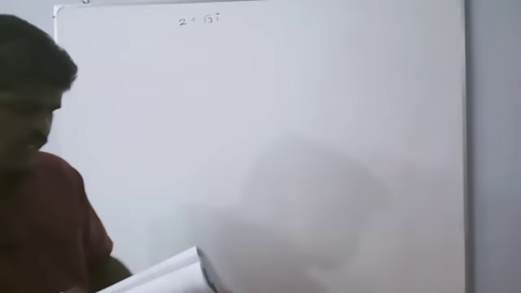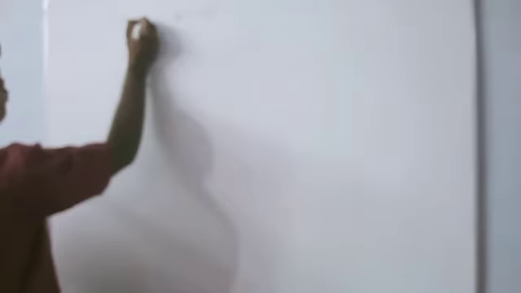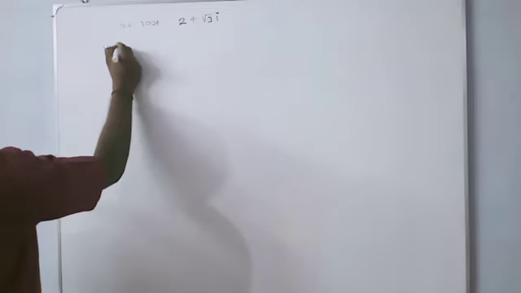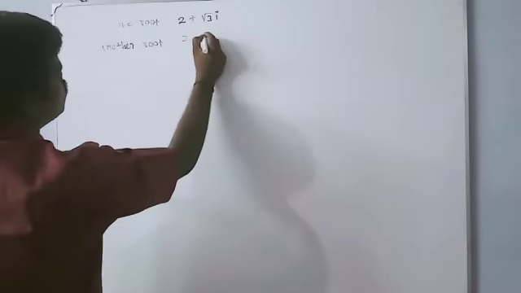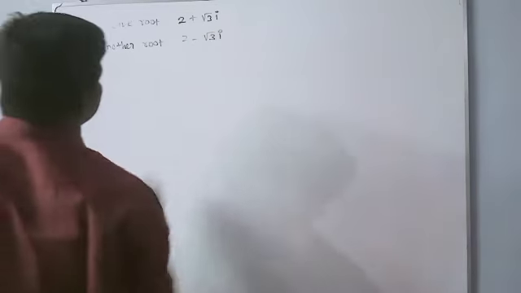The complex conjugate is the other root. One root is 2 plus root 3i. The other root is 2 minus root 3i.